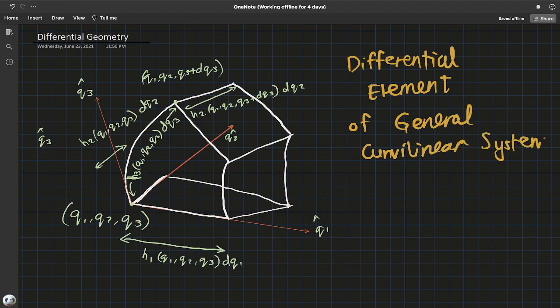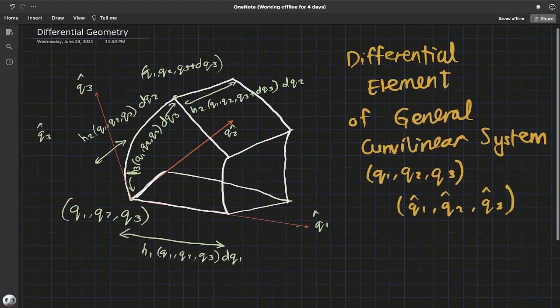It would have free variables q1, q2, q3 with these respective basis vectors q1 hat, q2 hat and q3 hat. That's what I've drawn: a differential volume element when your axes are just your basis vectors.